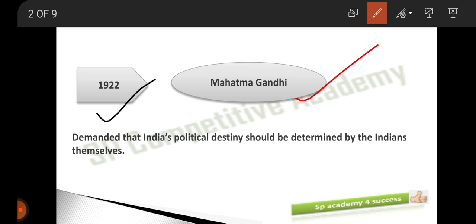He desired to have a separate constitution for Indians so that Indians should rule by themselves. Mahatma Gandhiji put forward this demand that India's political destiny should be determined by Indians themselves, which means they have to rule by themselves.